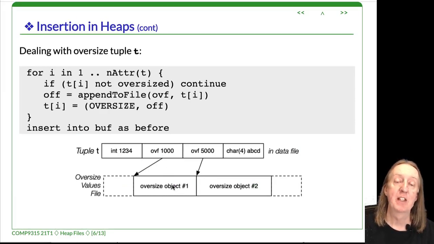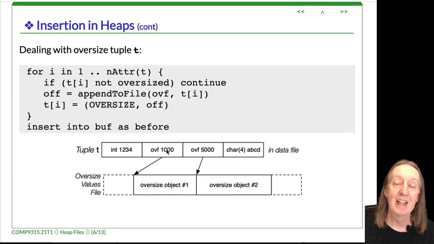So let's say, for the sake of argument, this is a very long string and we put it at location 1000 in the oversized objects file. So we say, all right, this attribute value isn't located here. It's located in the oversized objects file, and it's there at location 1000.